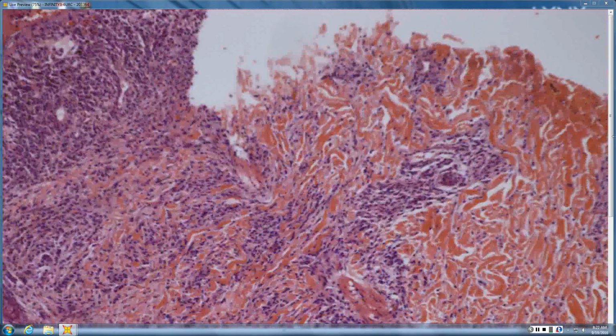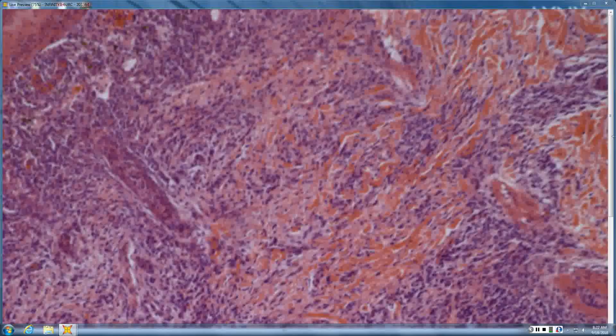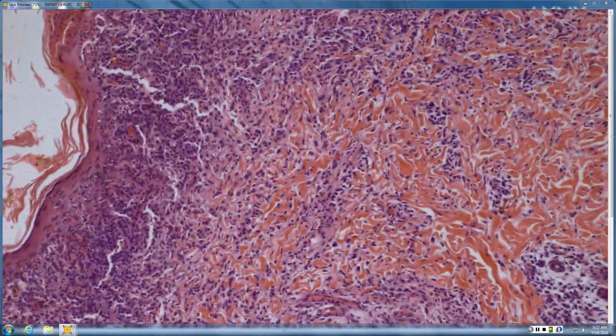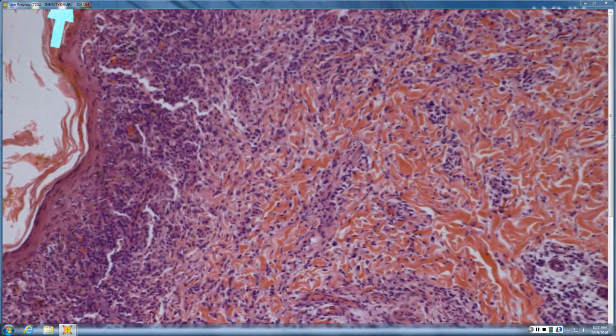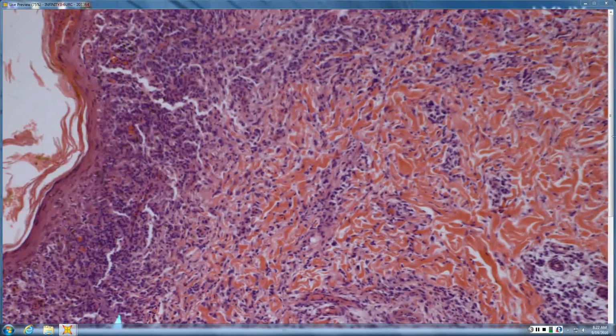Busy. It's awfully busy, isn't it? That is one busy dermis together with an interface process and neutrophils in the horn. How about, do you see neutrophils in the vessel lumen? In fact, you see a vessel lumen.